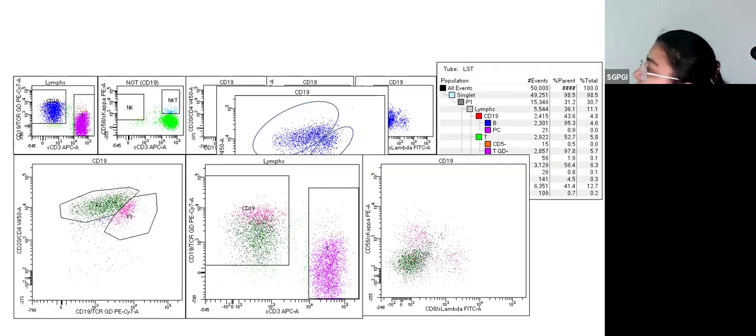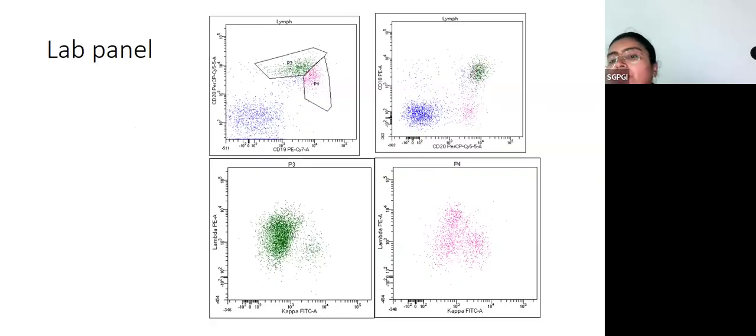And when you look at kappa and lambda, this pink population is nicely splitting into two parts, right? One is kappa positive, the other is lambda positive. Definitely polyclonal. What about the green population? It is negative for both, right? It does not appear to express kappa, and it does not appear to express lambda.